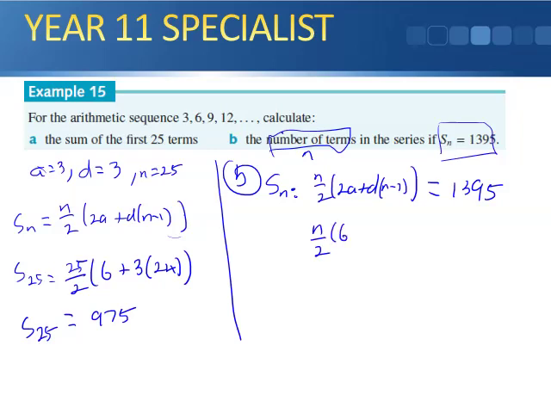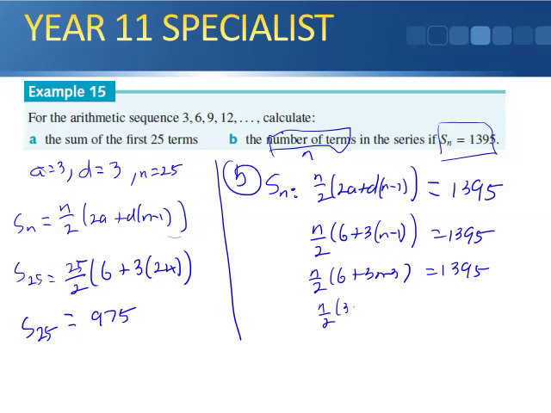I'm going to leave the 6 in there. Our d is 3, so plus 3 times (n minus 1) equals 1395. Now, expanding and collecting, I'm going to get 6 plus 3n minus 3 equals 1395. So I get n divided by 2 times (3n plus 3) equals 1395.